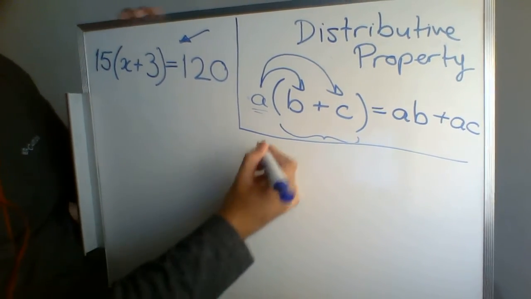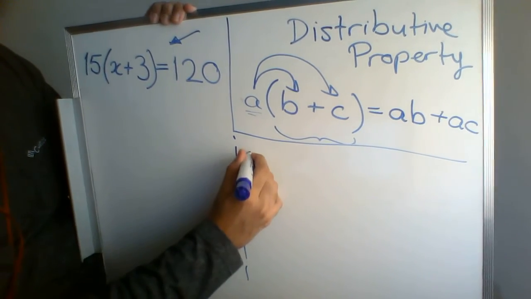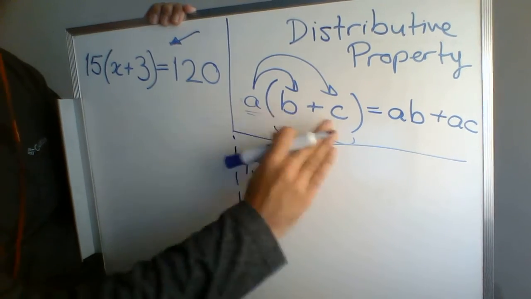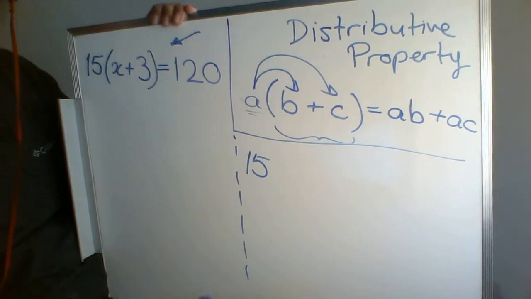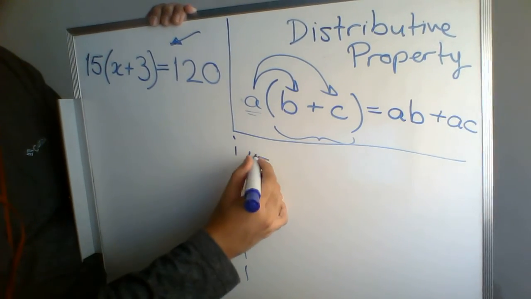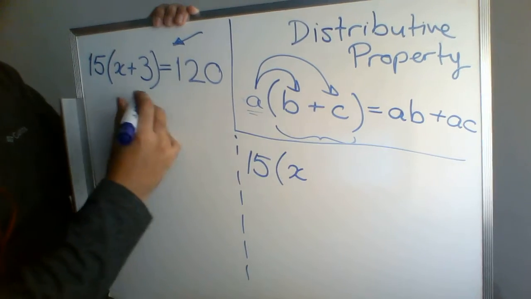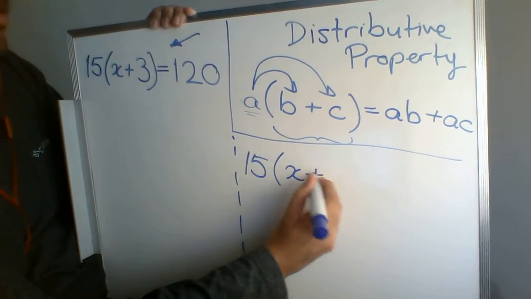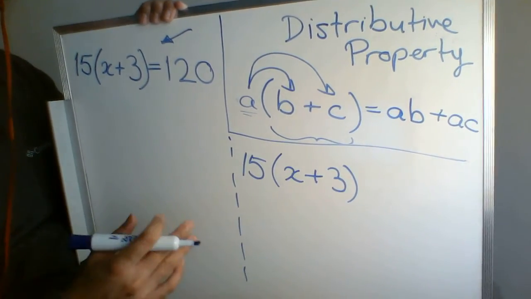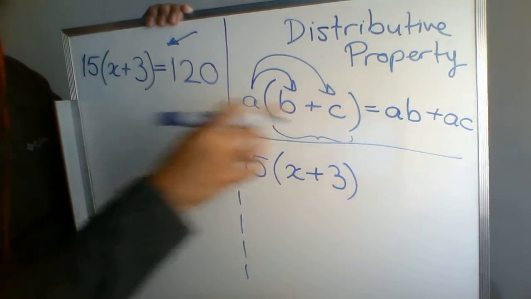So if I set it up the same way down here, in our generalized form of the distributive property, A is 15, B is going to be x, and C is going to be 3. So we've got 15 times (x plus 3). Hopefully you can see that's the same format as what we had up here.